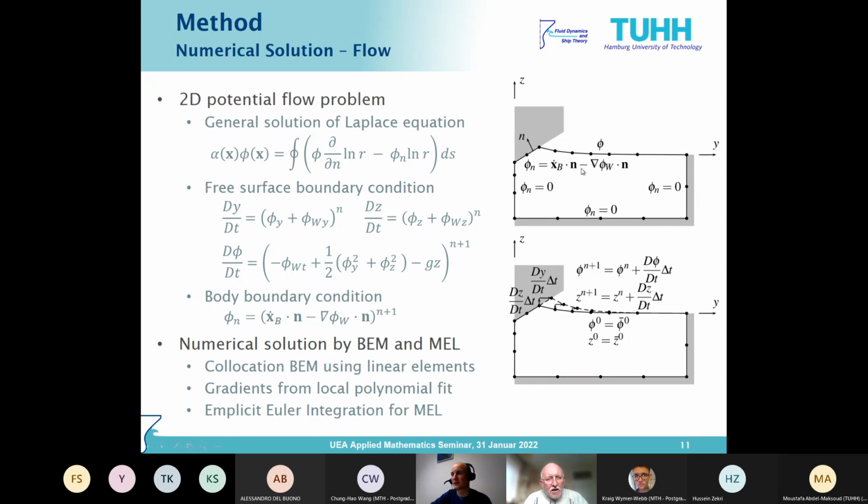Yeah, like we do it right now, usually there is a constant element size on the hull, and for a certain part of the free surface also a constant element size. And then at a certain point, when it's far enough, we increase the element size by a certain percentage, like 10%, for example.